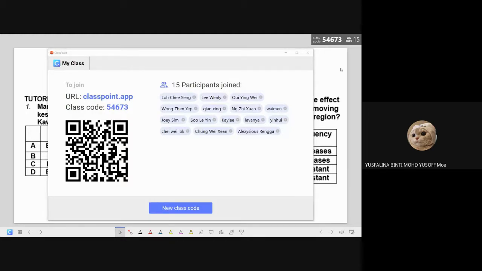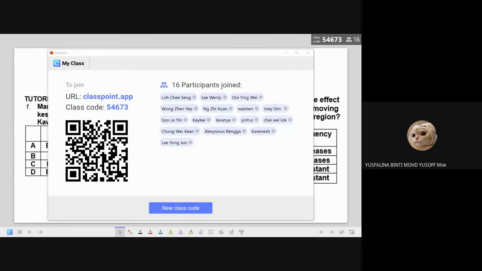Are you using your phone or using your laptop? Changing. For those who are using the phone, you can just scan the QR code here. You don't need to open the web. Yeah, it's okay. Because I didn't share my screen yet. For those who got, they say it's not in slideshow. It's okay because I'm not sharing it.